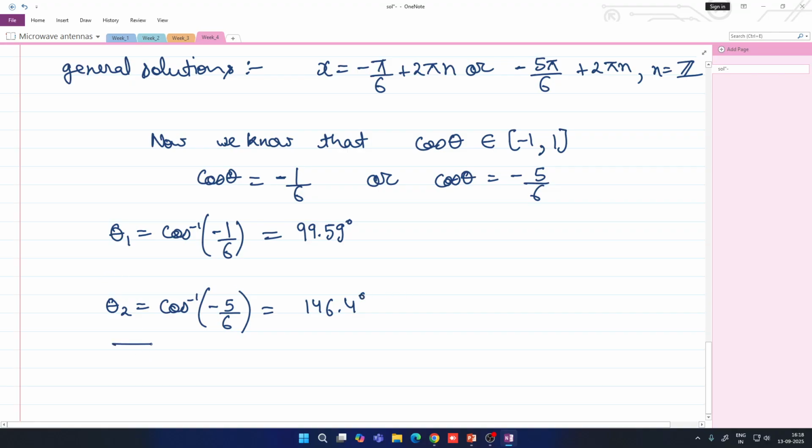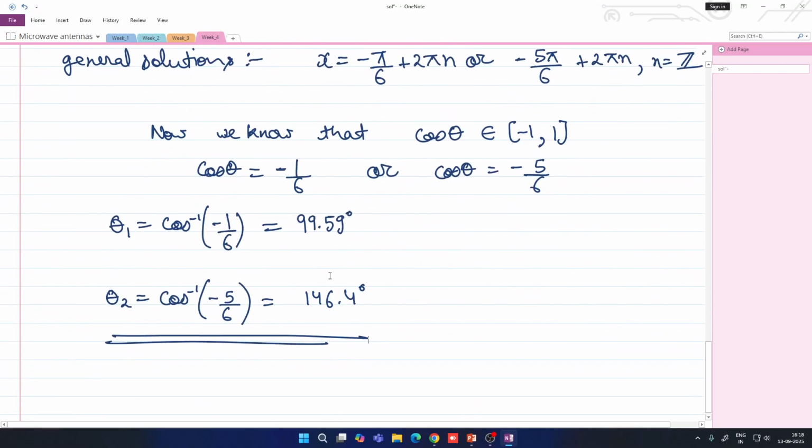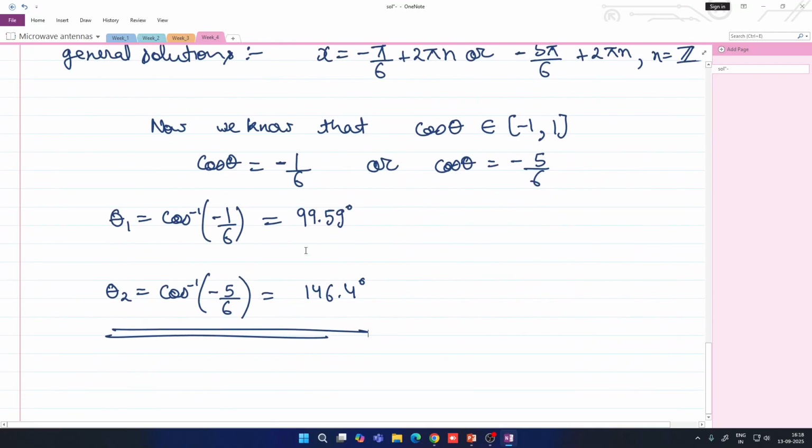So these are the two locations where the null occurs. So all the nulls for this given array orientation will be when theta 1 is 99.59 degrees and theta 2 is 146.4 degrees.